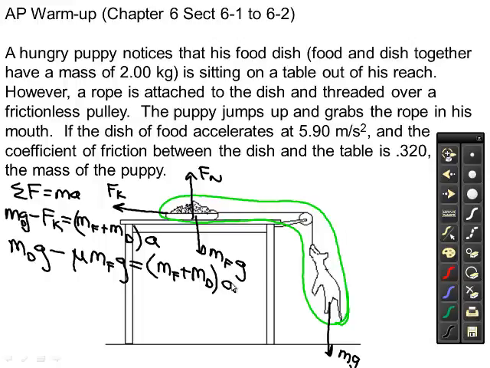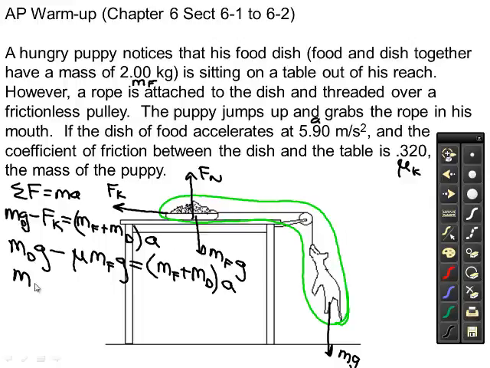Do we have enough to solve the problem? We know the food in dish, 2 kilograms. So that's m sub f. We know the acceleration. We know the coefficient of kinetic friction. I think we've got this thing solved almost, right? Now it's a matter of making the algebra work for us.